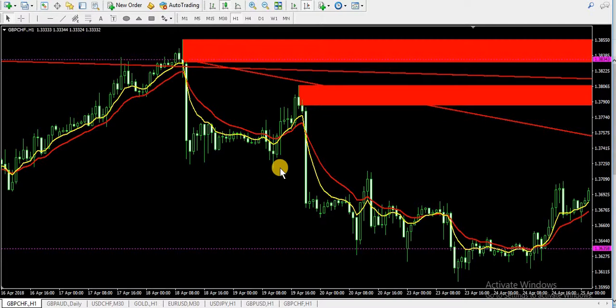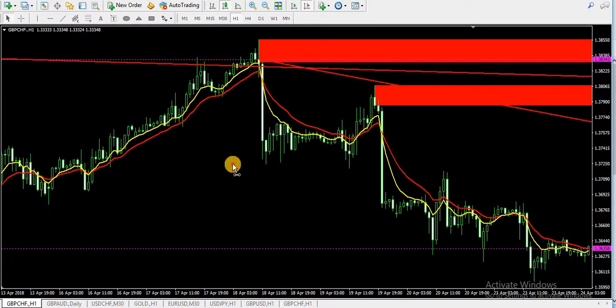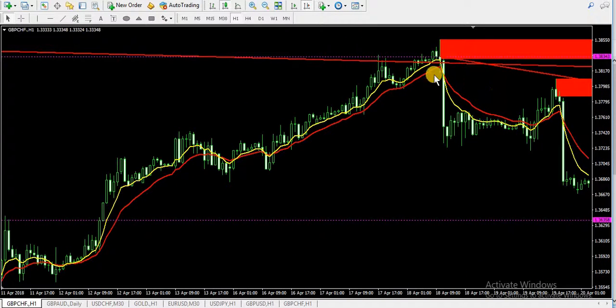By the way, if you want to test how strong the strategy is, I can bet you now. You can even contact me if you want. I can bet you right now, if you are trading and the trend is going down and you see the red, the 15 moving average, crossed with the yellow, if you want to blow your account, just trade against this.